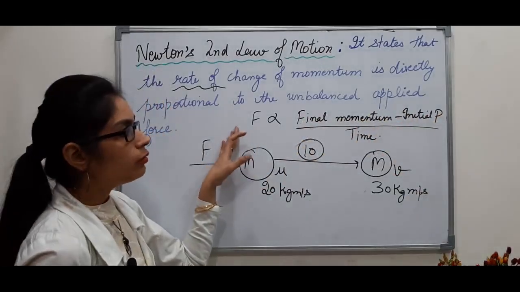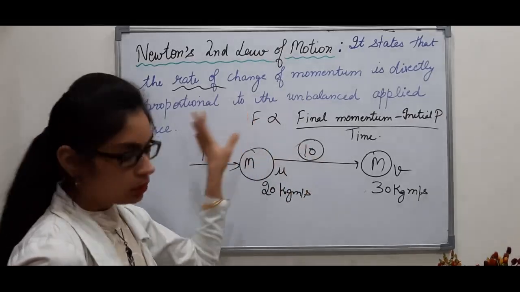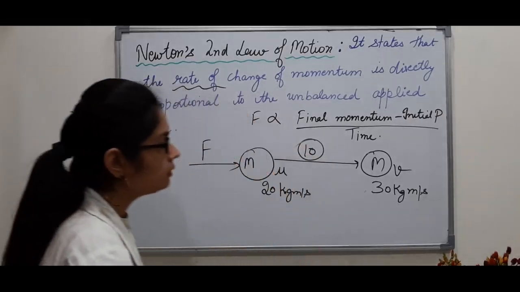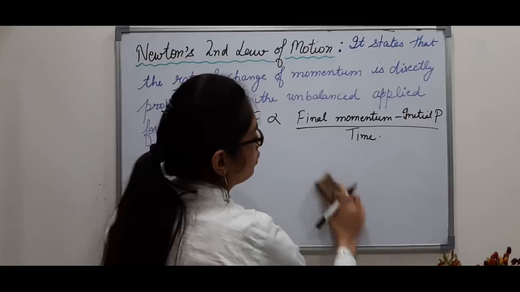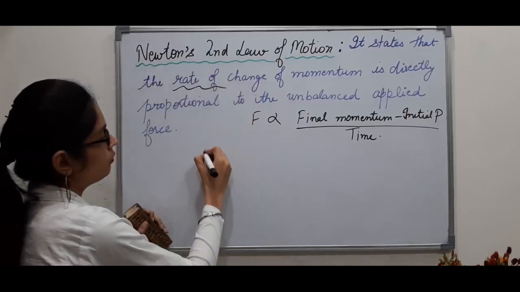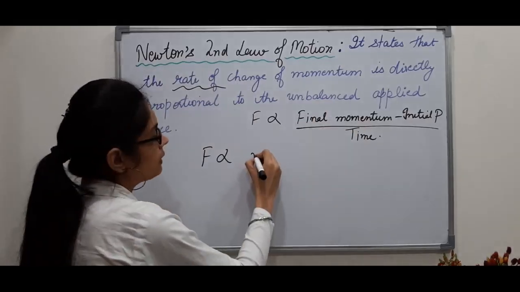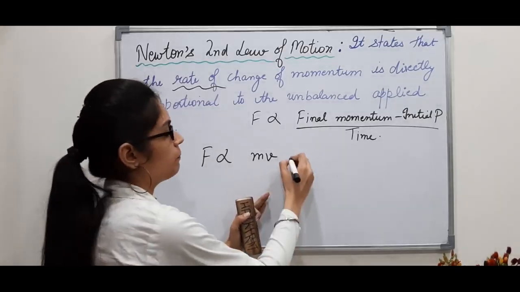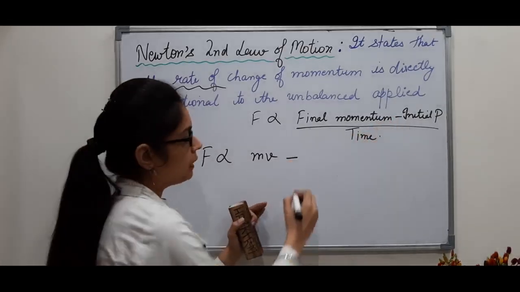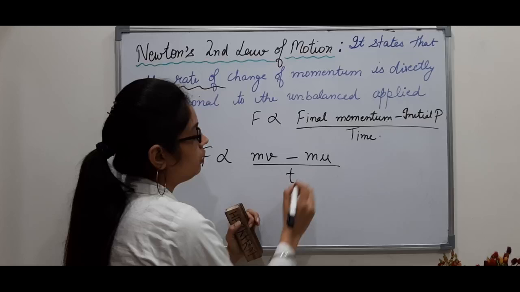So according to the second law, the rate of change of momentum is directly proportional to the applied unbalanced force. Now we will write the values. F is directly proportional to final momentum, m into v, because final velocity is v, minus initial momentum, m into u, upon time t.